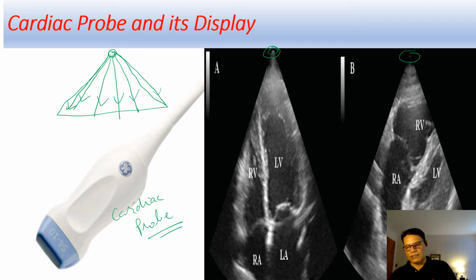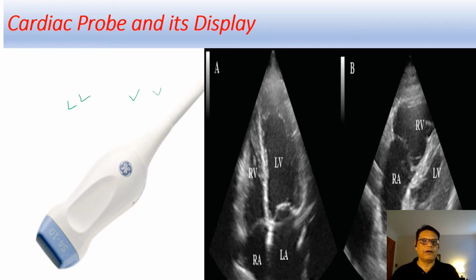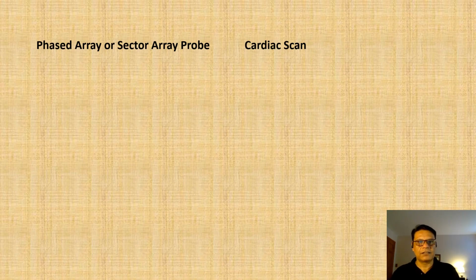And we will discuss this technology, what is phased array. Array means arrangement of the crystals. For example, in linear, the arrangement is in the form of a line. So array is called arrangement of the crystals, piezoelectric crystals.